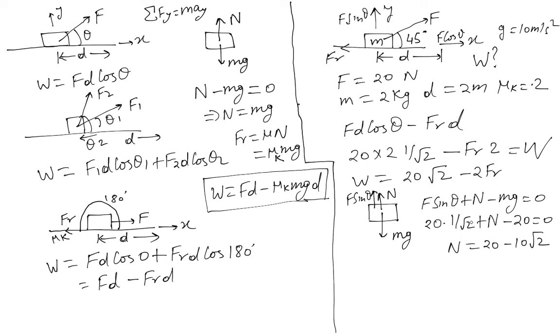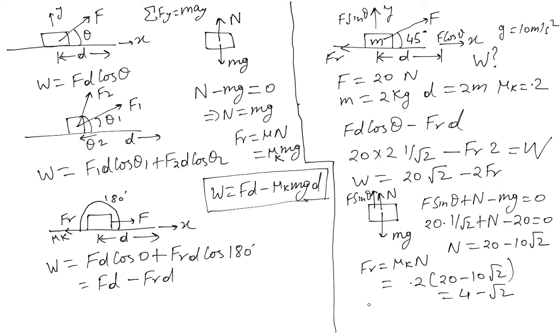So now let's put in this value of N to find the friction force. The friction we already know is given by mu k N. This is the kinetic friction. Mu k is 0.2, so 0.2 times N gives us 4 minus root 2.